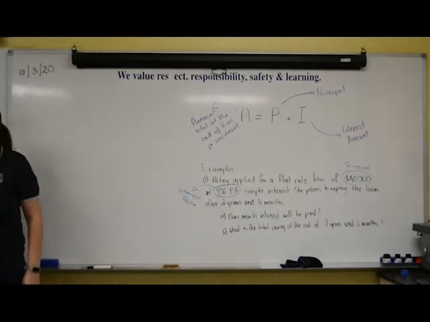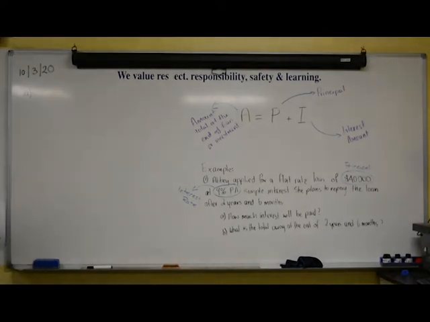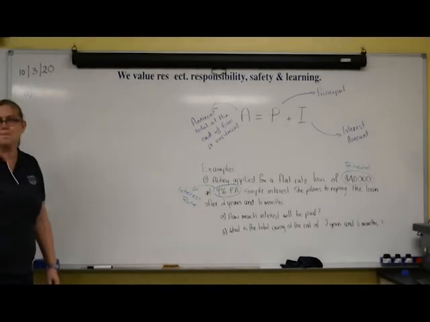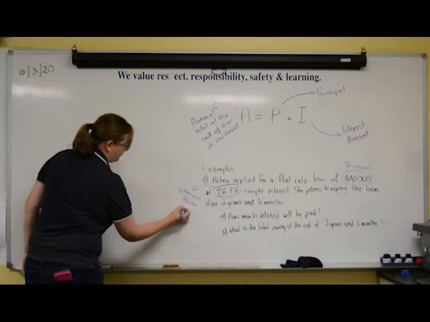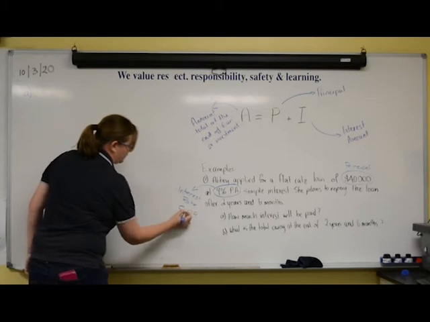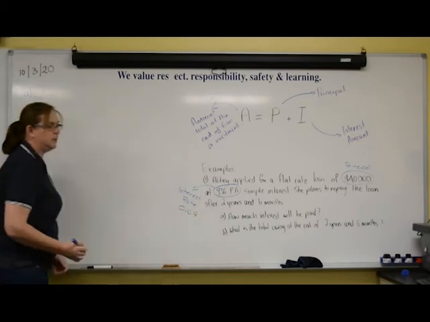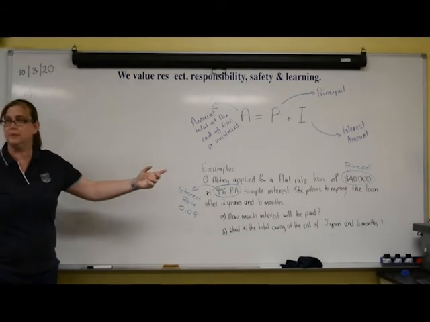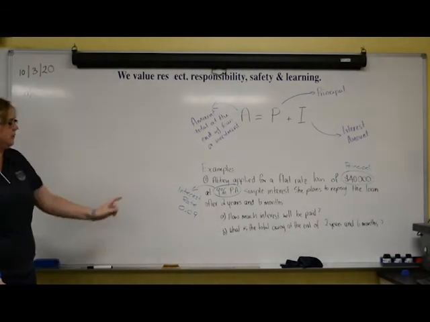What is that as a decimal, guys? If you can tell me what 9% is as a decimal. 0.09. So that's the number we want to use. She plans to repay the loan in 2 years and 6 months.